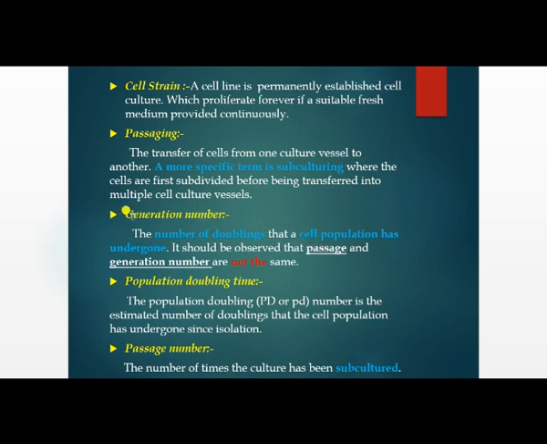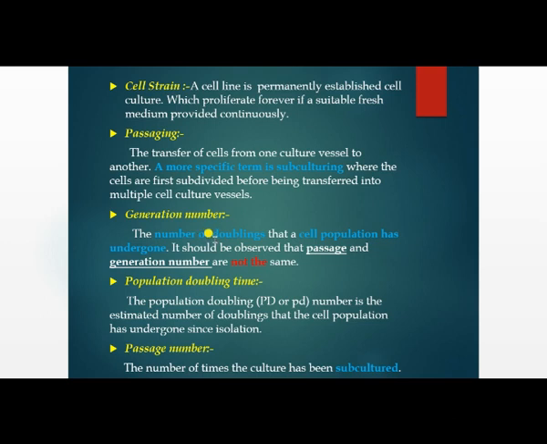But in generation number, whichever cells are present in culture undergo the cell cycle, differentiate and divide, subdivide. As I told, in the primary cell culture, whichever cells are present undergo the cell cycle and divide, subdivide in the primary culture.